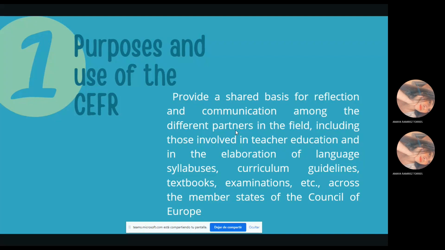So what's the purpose and the use of the CEFR? Well, the purpose of the CEFR is to provide a shared basis of reflection and communication among the different partners of the field, including those involved in teacher education, in the elaboration of language syllabuses, curriculum guidelines, textbooks, examinations, etc., across the member states of the Council of Europe.